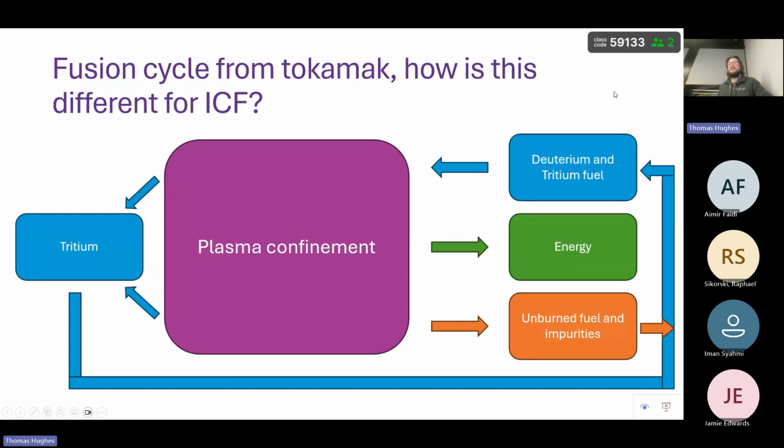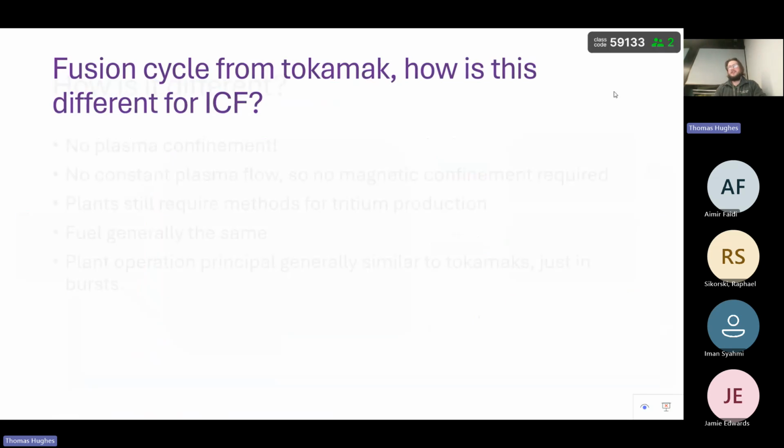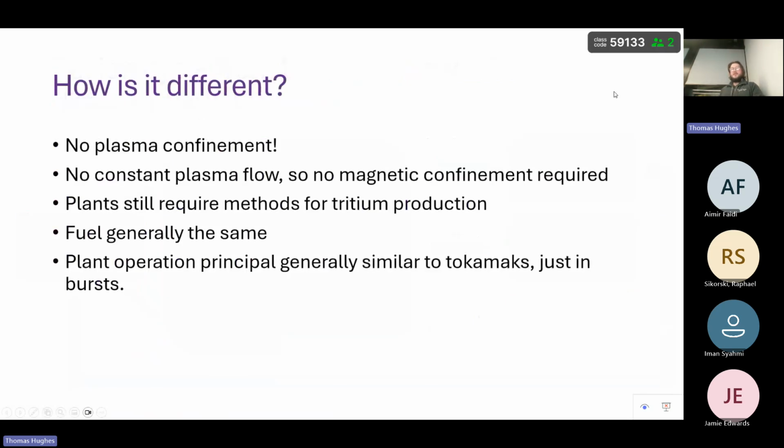So online, you're saying that there won't be tritium coming out to then reuse for the next go. To be fair, it's a bit of a dirty question because generally we're going to skip that. The only difference is there's no plasma confinement, but the rest of it's pretty much exactly the same. So it was basically a trick question.